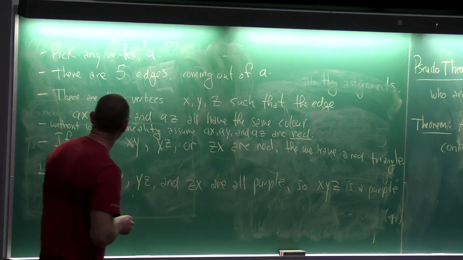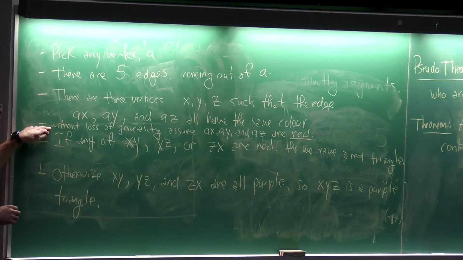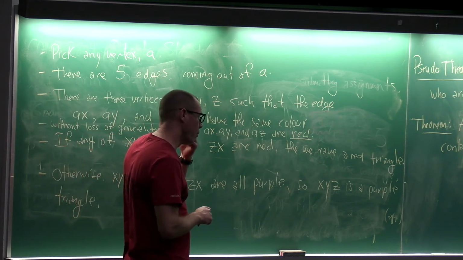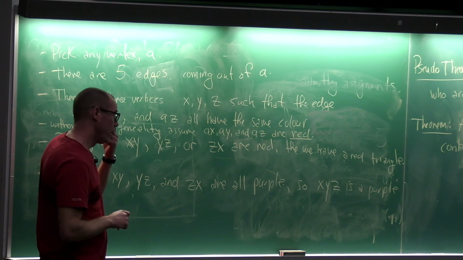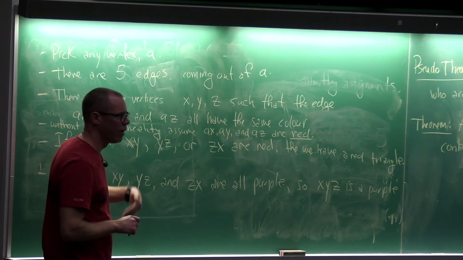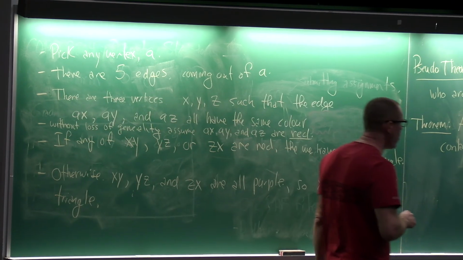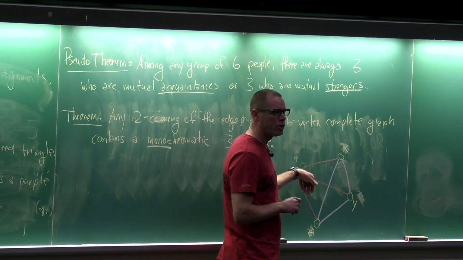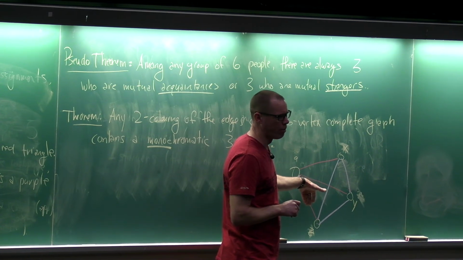So without loss of generality, what does that mean? Well, you usually say it when there's a perfect symmetry between one thing and the other. So what I've determined is that coming out of A, there's 3 edges of the same color. Those 3 might be red, those 3 might be purple.